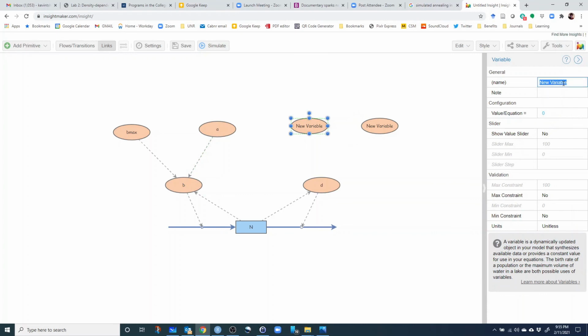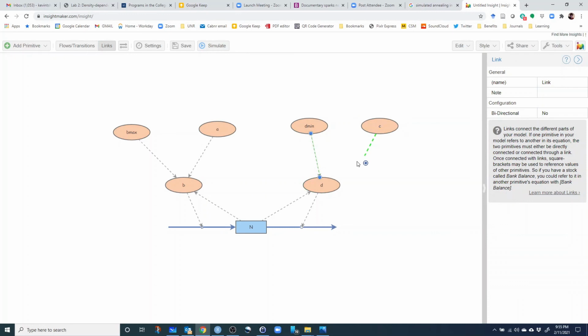Little d is defined by a minimum death rate, the most favorable death rate, d min, and it is also defined by a parameter c, which describes the rate at which the death rate increases with increasing density. And so we can link those together with little d, and we're very close to having a proper logistic population model, logistic growth model.